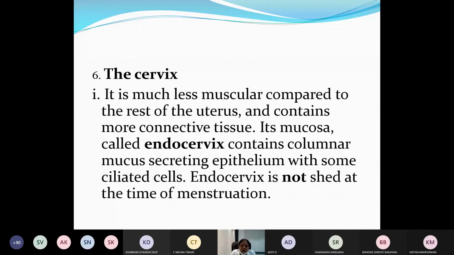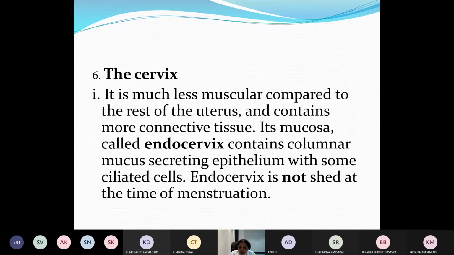Next we come to the cervix. It is much less muscular compared to the rest of the uterus and contains more connective tissue.